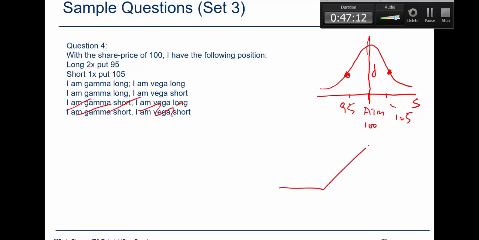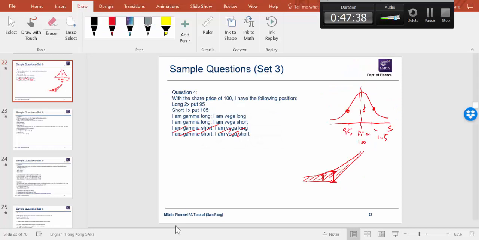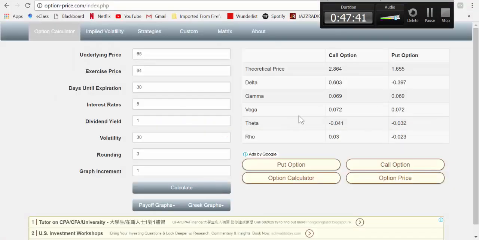Now, the way you measure Vega, as I have said to you, is the sensitivity of your option price to the change in volatility, which is related to the shaded area and how thick this part is. So when you are here and the distance is maximum, that is when Vega would be biggest. And you can easily verify that by looking at the Vega parameter. Let's reset everything to 100. Now Vega here is 0.114.